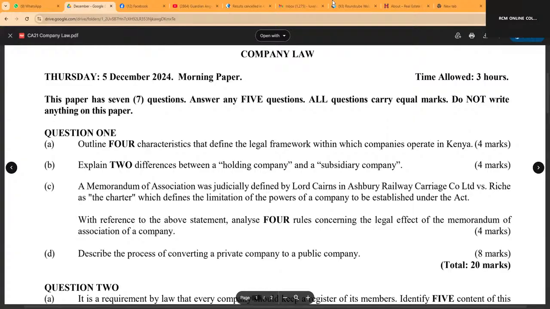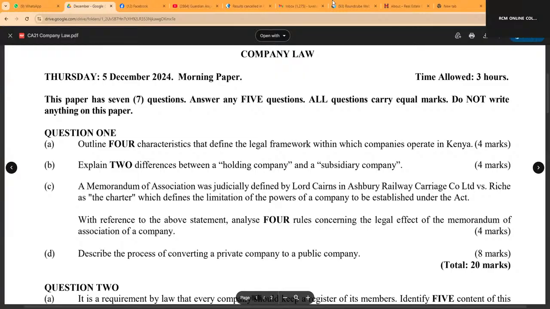So let me see what our friends are saying here. A holding company prepares books of accounts for both the holding and the subsidiary company, while the subsidiary company cannot report the financial statement on its own. Yes, that is correct. So they do what we call consolidation. The books will be consolidated by the parent company or the holding company.